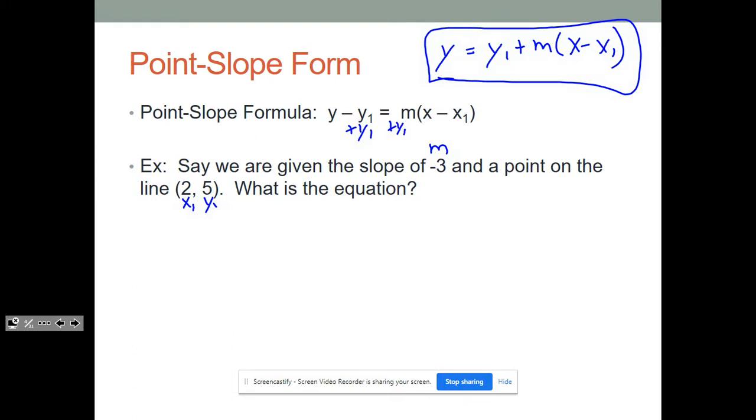So all we do is plug everything in. y1 is 5, the slope is -3, so -3 times x minus x1, which is 2, so x minus 2. That's y1 and x1. If I needed to put this into slope-intercept form, I just multiply it out, distribute, and combine my terms.